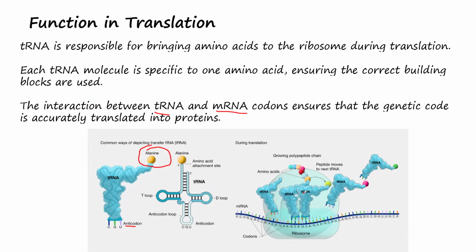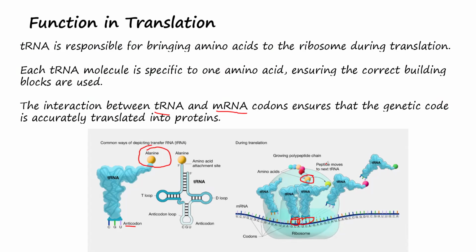You can see that you have an anticodon that is used to recognize the codons from the mRNA. So this transfer RNA carrying alanine now recognizes the codons from the messenger RNA, and then the amino acid is now linked to the growing polypeptide chain.